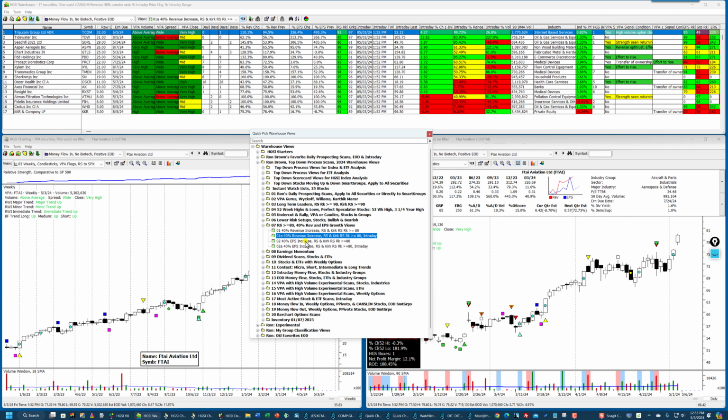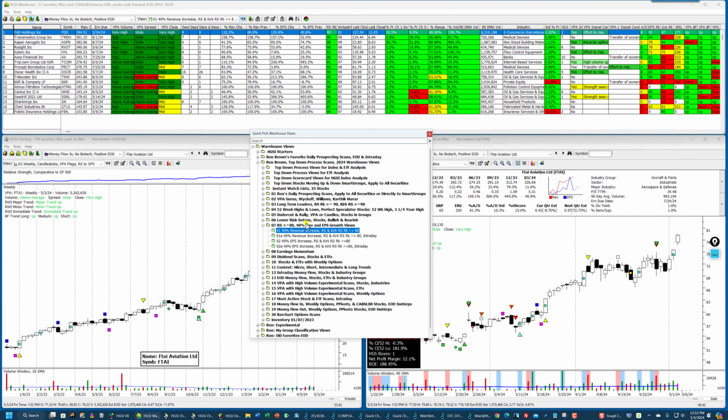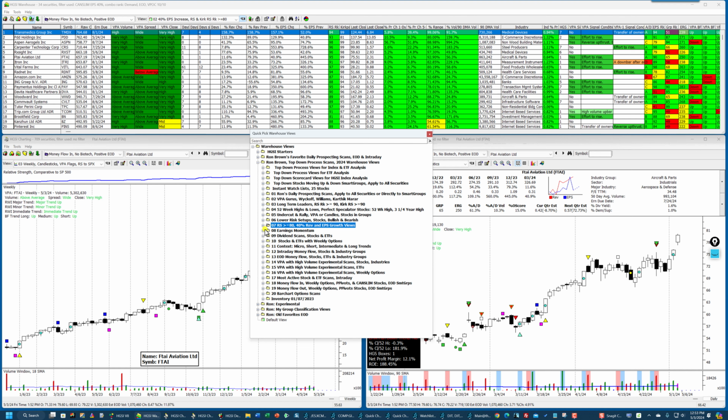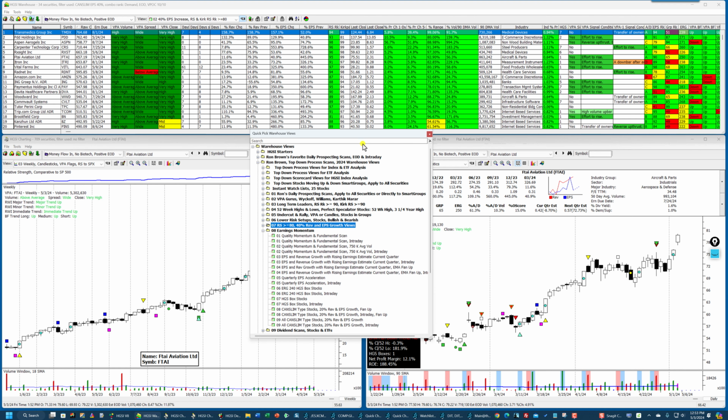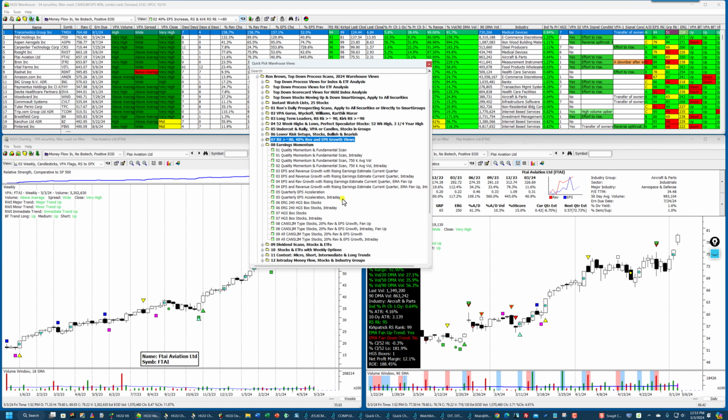And the next two are 40% EPS increase, same requirements, relative strength above 80, end of day and intraday. So you can get a quick read on stocks that are showing the strong revenue increase or the EPS increase. Now, I'm not going to spend any time on that. You can look at the filter and figure it out for yourself. But let's go down here and look at some of these stocks.